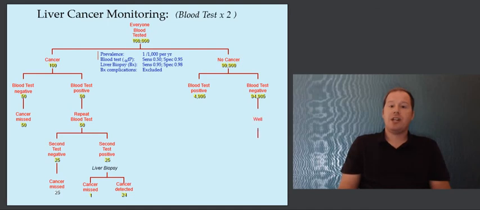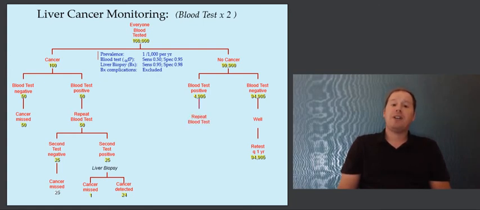And conversely, 94,905 of the population will screen negative for cancer, which is correct. They will be told they are well and they will go home, and don't have to retest for cancer for another couple of years. So out of 99,900, quite correctly, 94,905 will be told they don't have cancer and they're sent home.